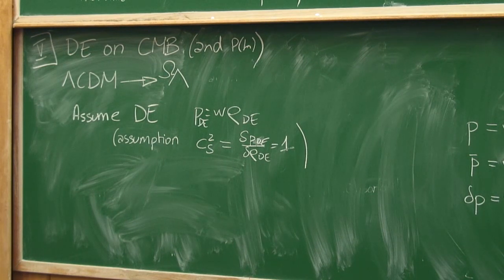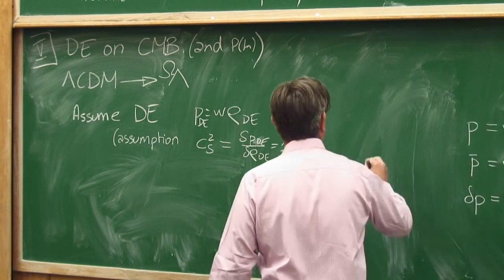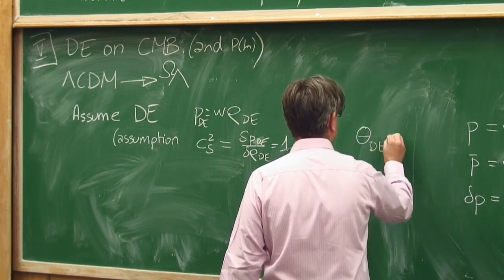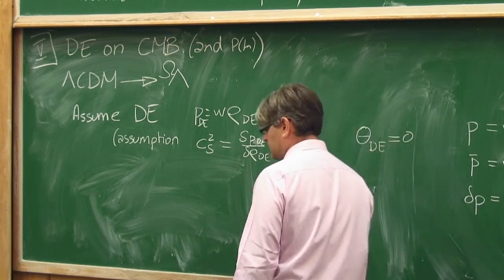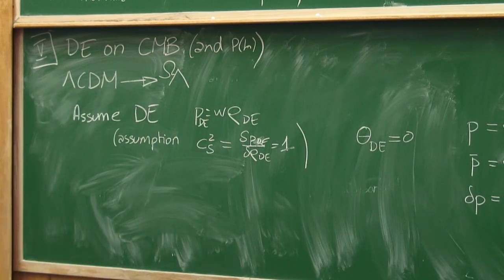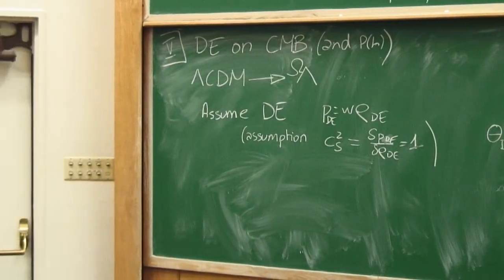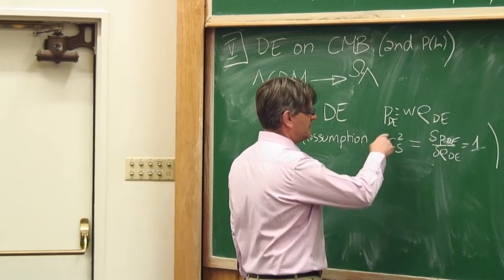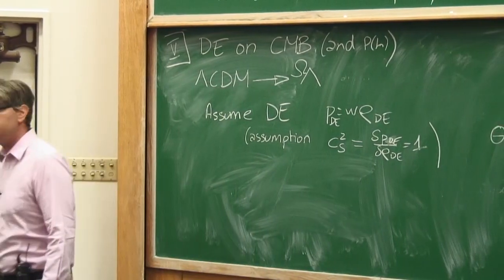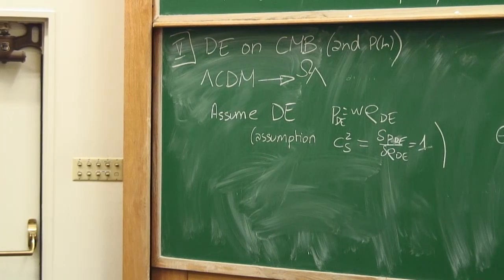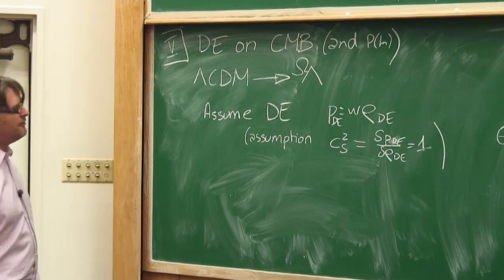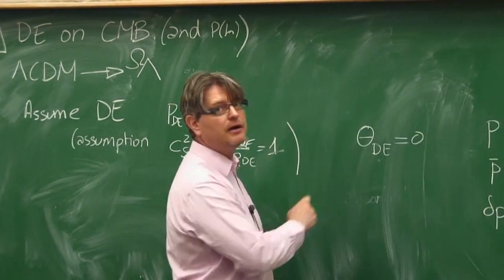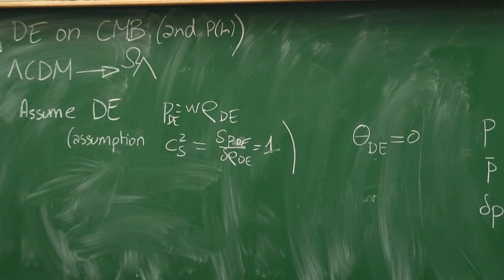You can always find a gauge in which the velocity divergence, theta of dark energy, is equal to 0. It means that your frame is moving together with dark energy. It is in this frame that it makes sense to define the sound speed of a given species. So the sound speed of a scalar field is equal to 1 only if you go to the gauge in which theta of the scalar field is equal to 0.